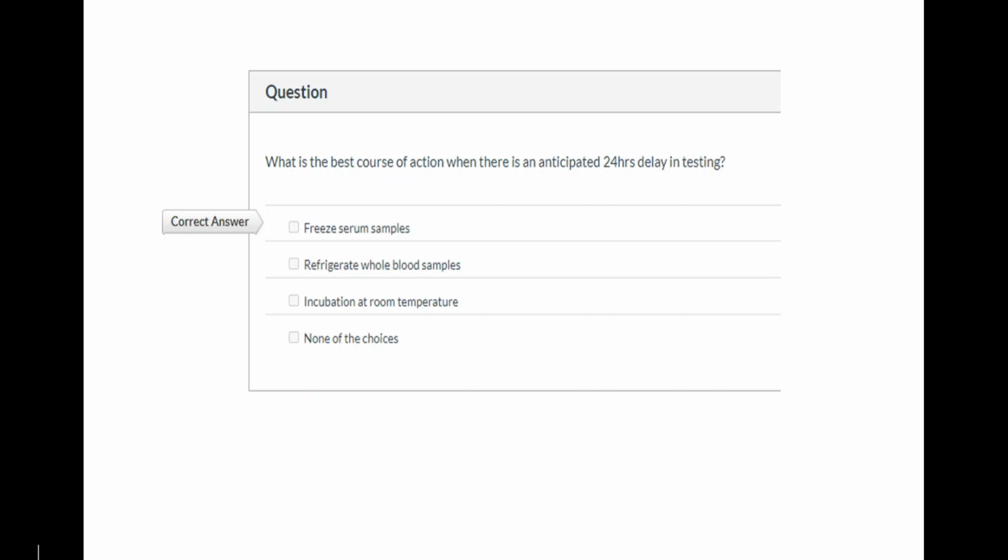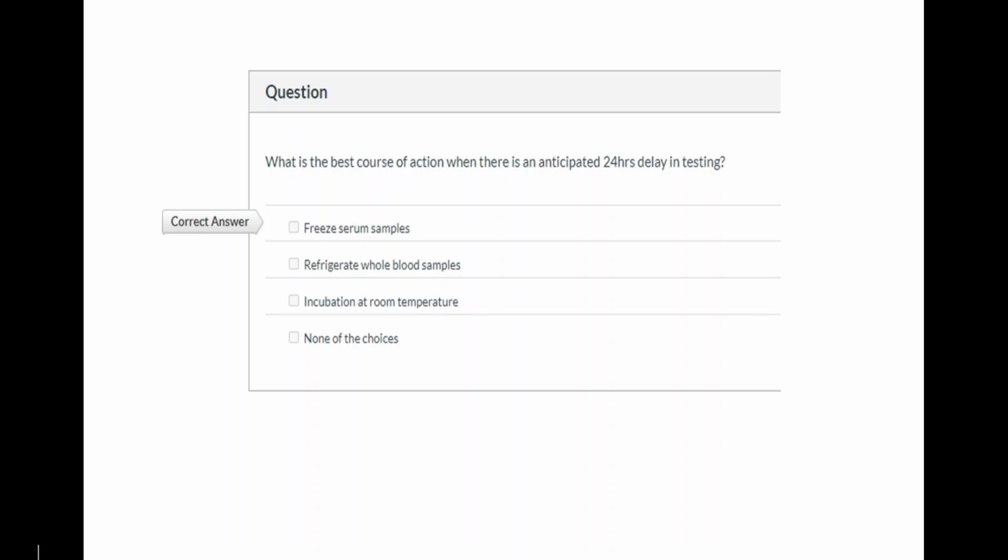We are not to incubate the sample at room temperature because antibodies will degrade rapidly when stored at room temperature. So it is important to store either at freezing temperature or refrigerator temperature.